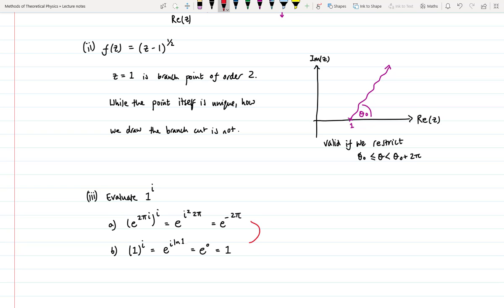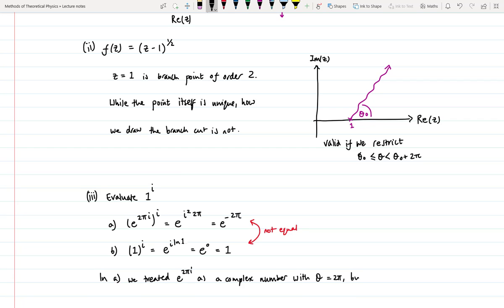We note that these are not equal. So what's gone wrong? Well, in A, we treated e to the 2 pi i as a complex number with theta equals 2 pi.